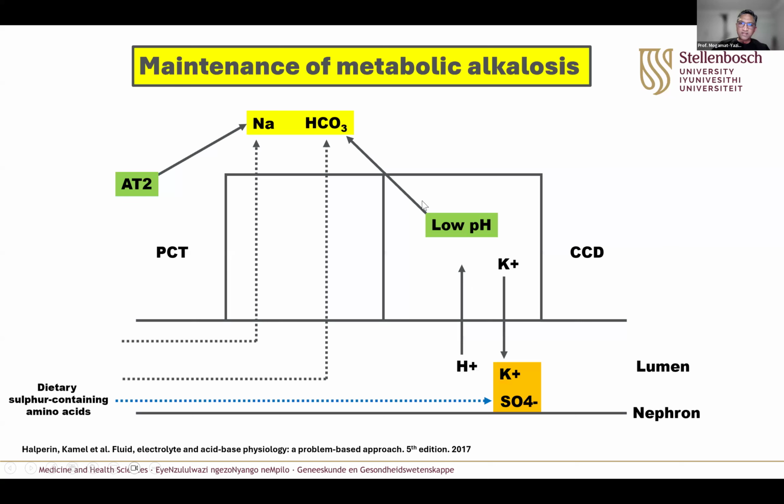And of course, when the cell gains hydrogen, it lowers the pH inside cells, which further stimulates bicarbonate reabsorption. So these are the two things that maintain the metabolic alkalosis after it has been induced by the vomiting or the nasogastric tube suctioning.